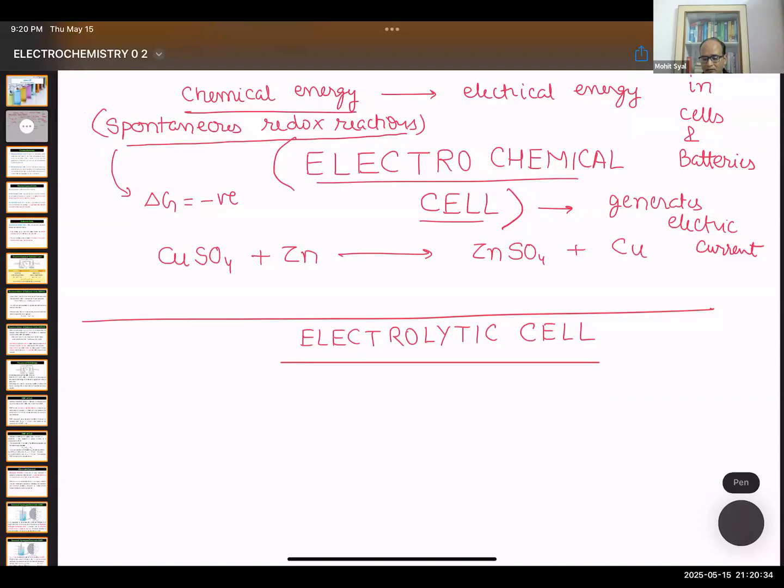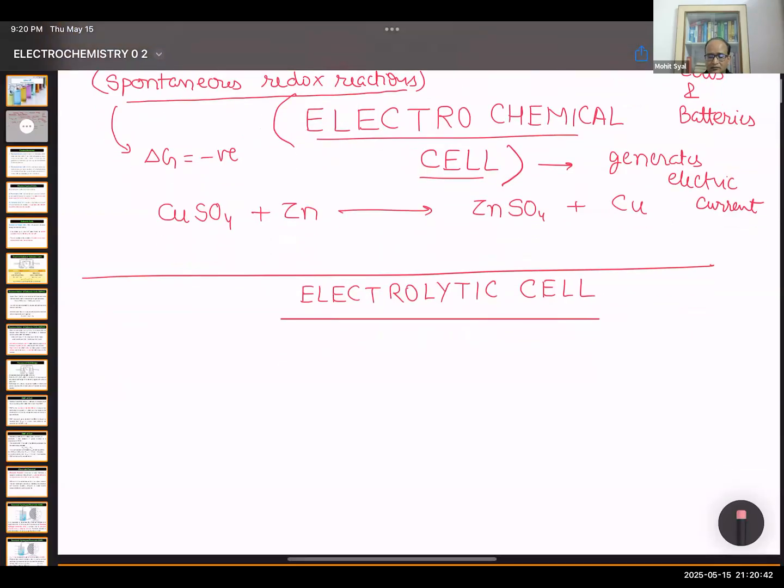Electrical energy is consumed. The reactions which we will carry out in this electrolytic cell are non-spontaneous reactions, which can't happen on their own, which are not feasible.